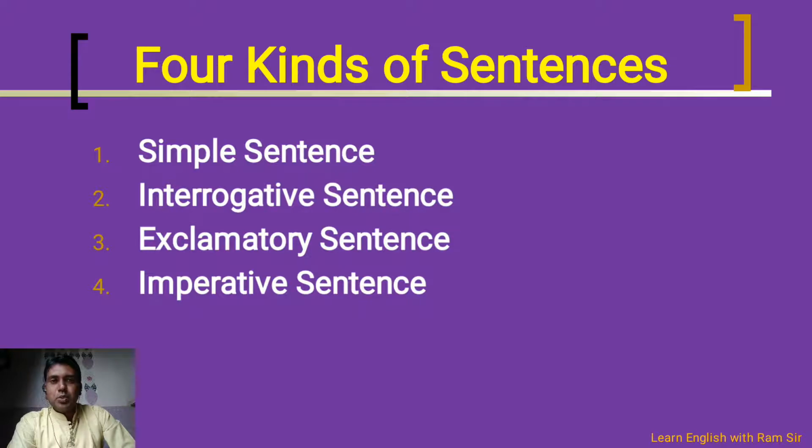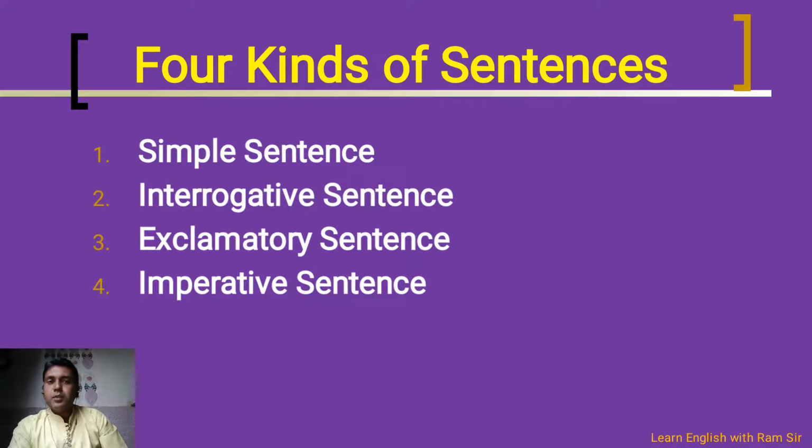Whenever we are expressing emotion, that sentence is called an exclamatory sentence. And in imperative sentences, we are sometimes giving orders, giving commands to someone. So that category of sentences is called imperative sentences.